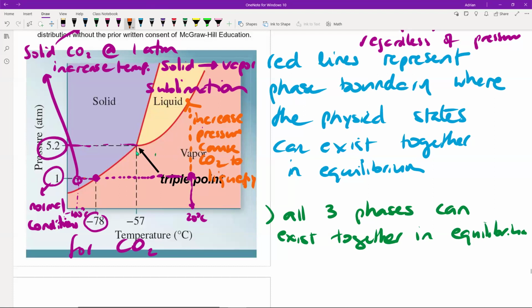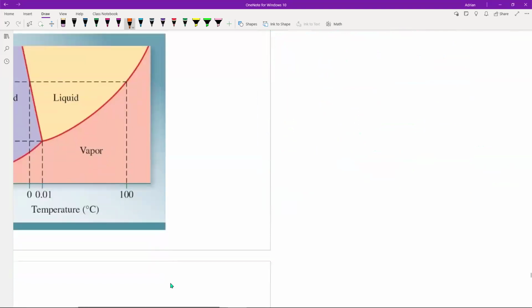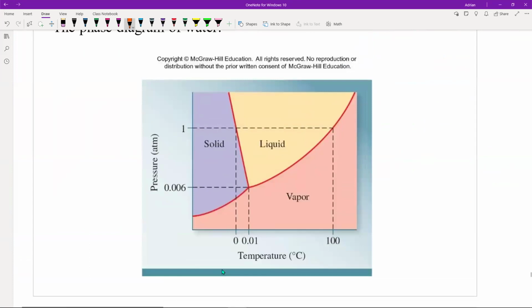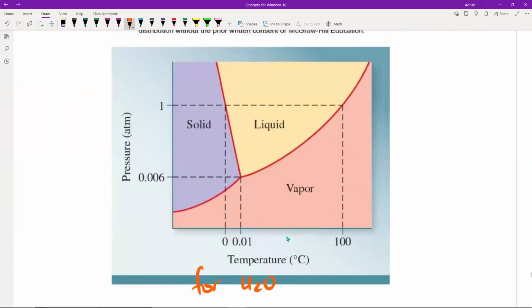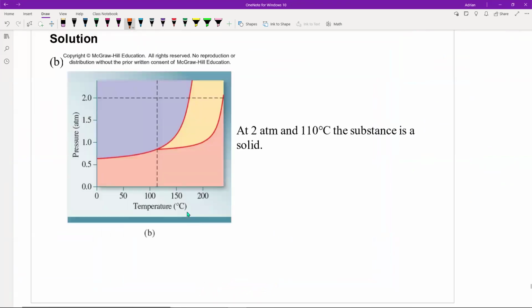So this phase diagram is going to look very similar to most of the other substances. We can compare that then to the phase diagram for water, which we have down here. This is for H2O. What we will see, especially when you compare it to most of the others, is that it looks similar. We have the solid on the left, the vapor over to the right side, the liquid in the middle.